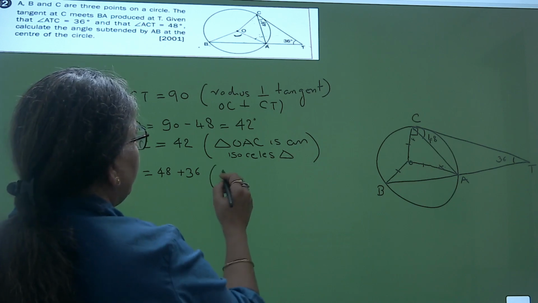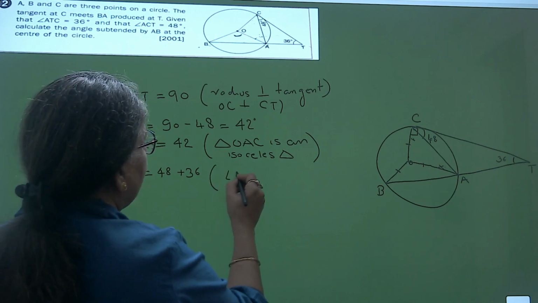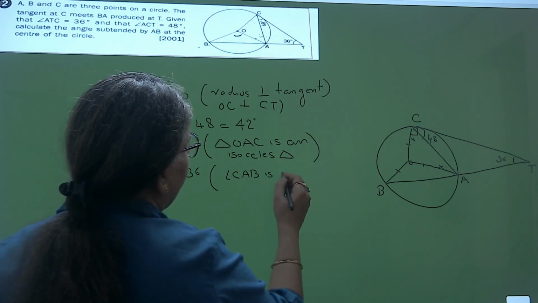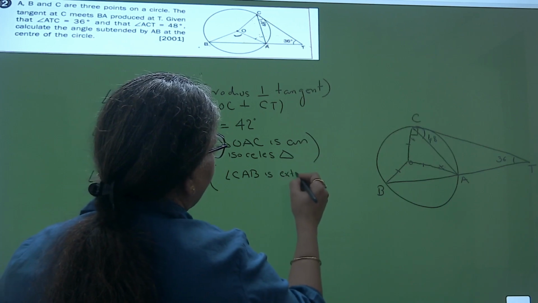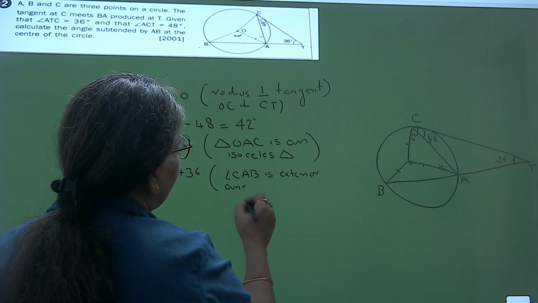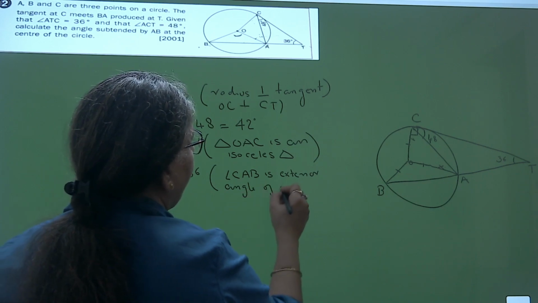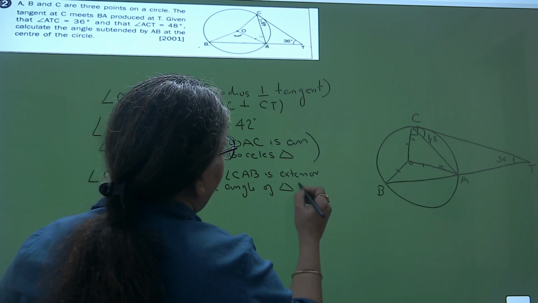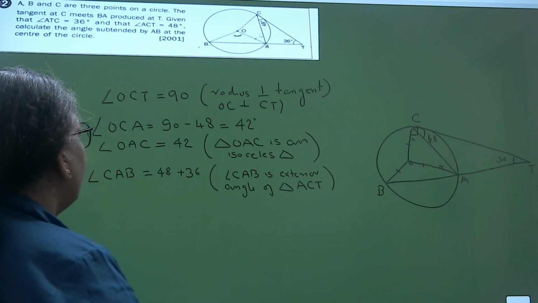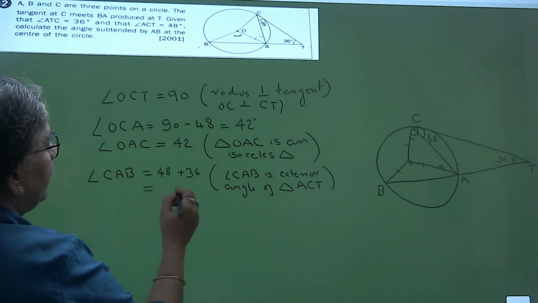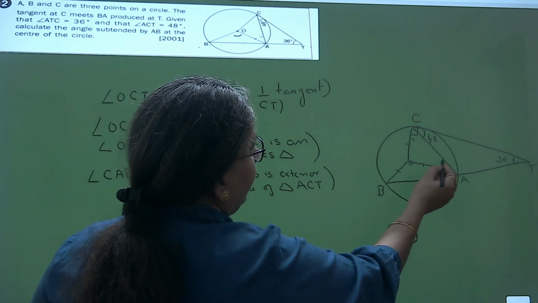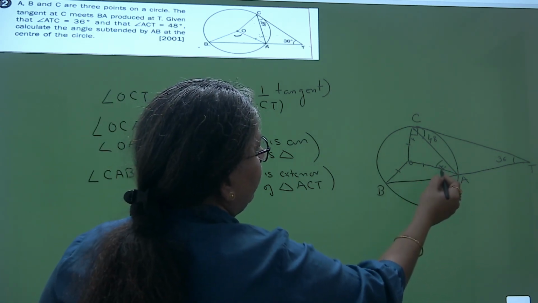So the reason: angle CAB is an exterior angle of triangle ACT. So this will be 84 degrees. So we know this angle is 42 and this whole is 84.